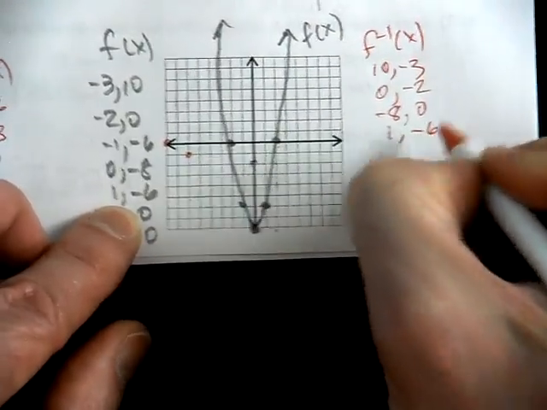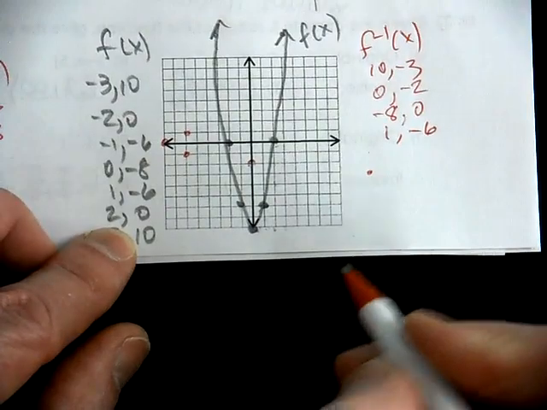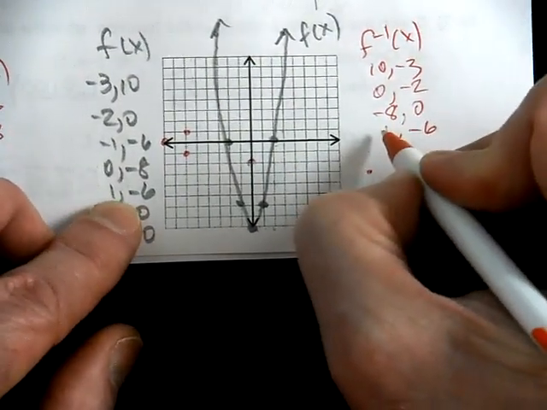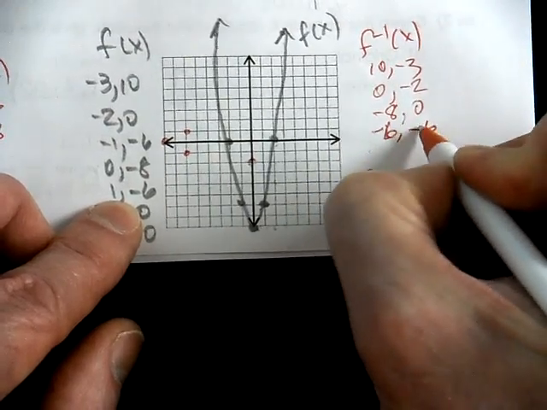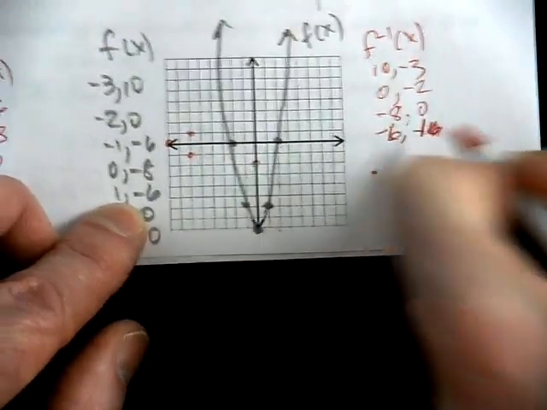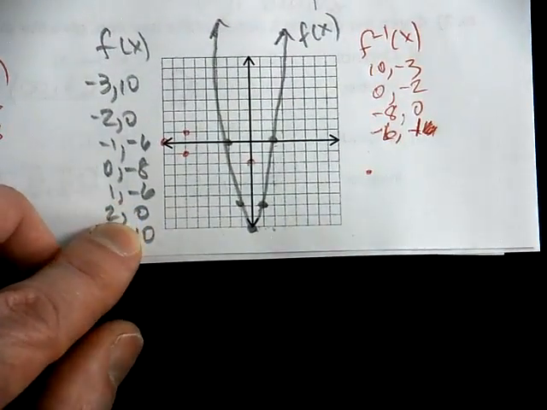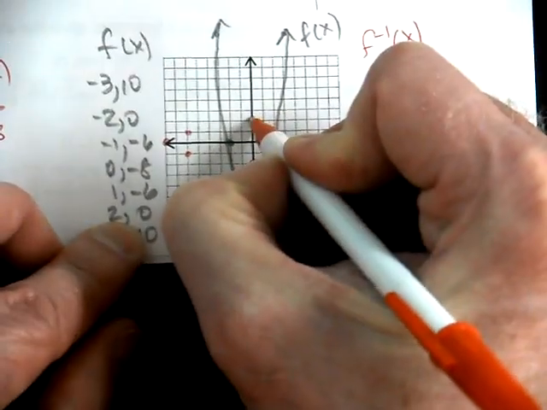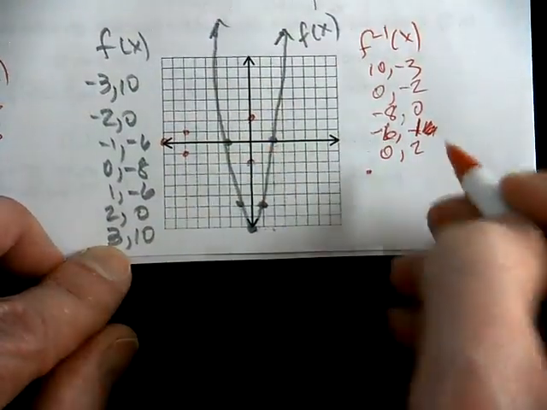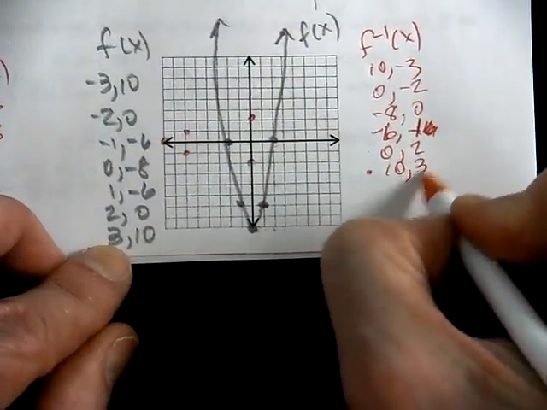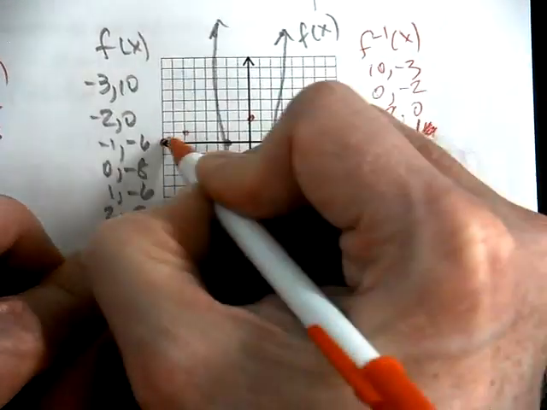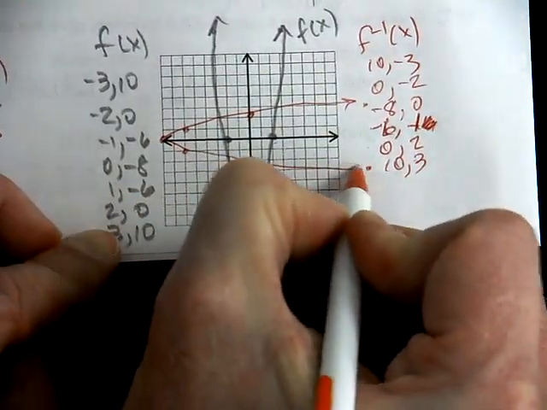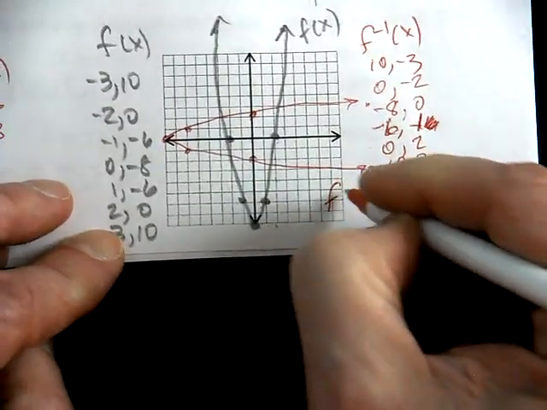Oh, sorry, I said that backwards. I'm getting all confused now. -8, 0. -6, 1. 0, 2, and 10, 3. And we can connect those. That is your inverse function.